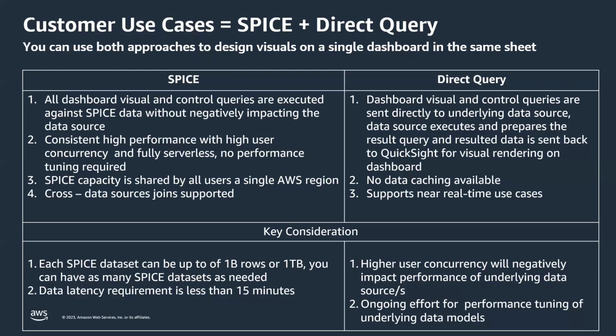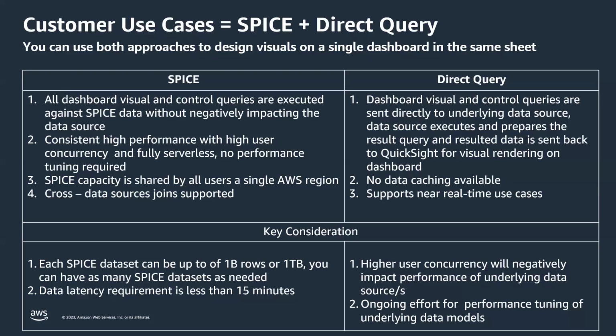So it gives you faster performance there. Because data is stored in memory, there are some calculations that are pre-calculated and the results are stored. You do not need to put in performance tuning effort as such because Spice takes care of it behind the scenes.